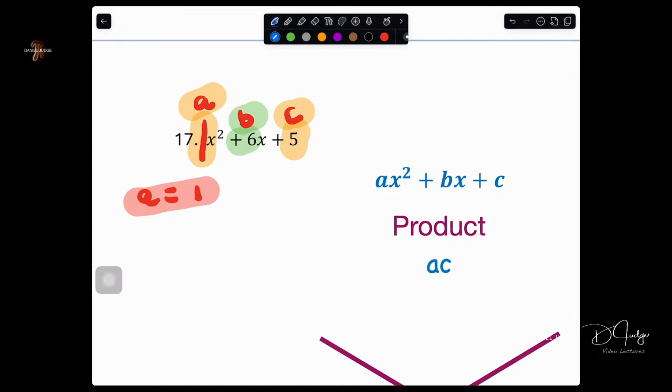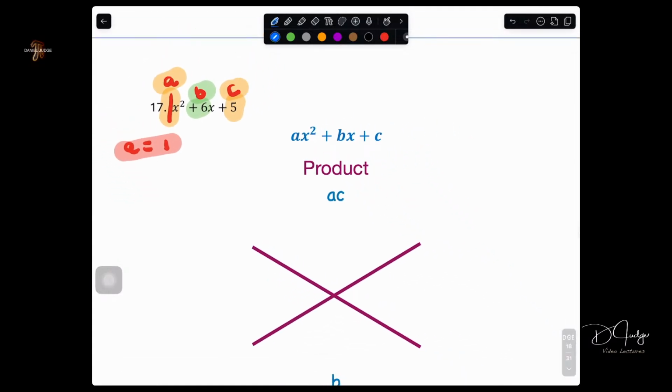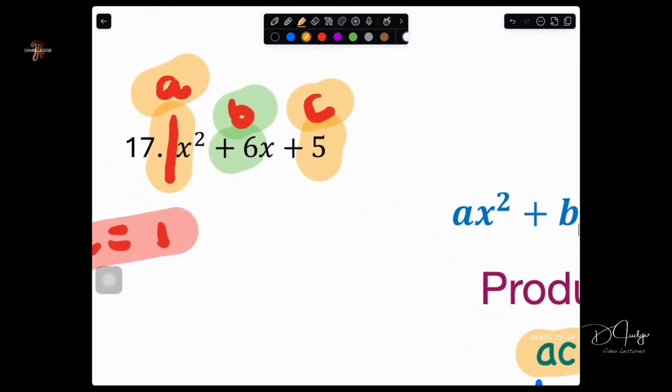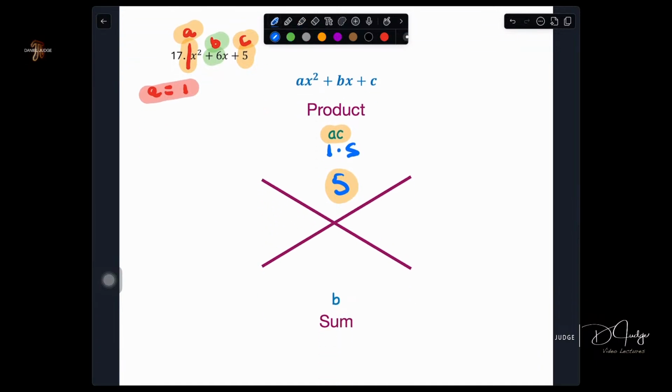So 1 times 5 now is 5. This is the A times C part. B, though, is positive 6. So we're just going to notate the value B here, positive 6.